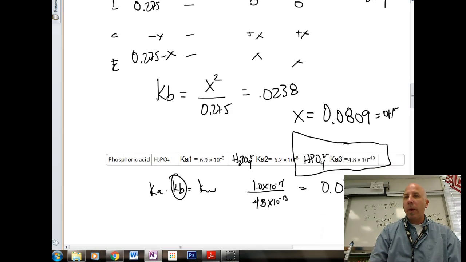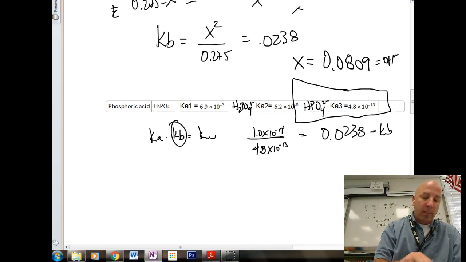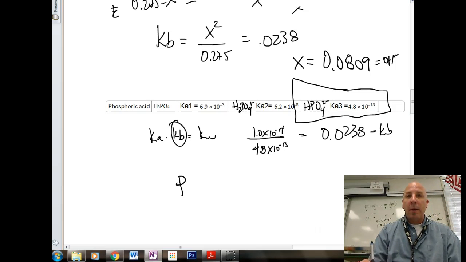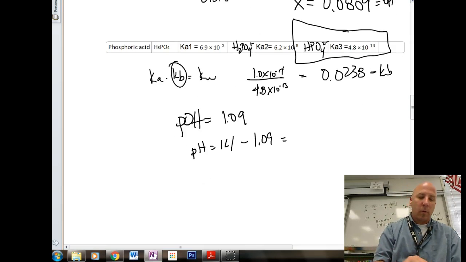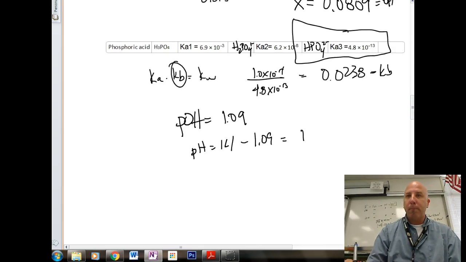Now, originally we were asked for pH, so let's just take the negative log of that. And negative log of that will give me pOH, which is going to be 1.09. And then pH is going to be equal to 14 minus 1.09 to get our pH. And so that's going to give me 12.9.